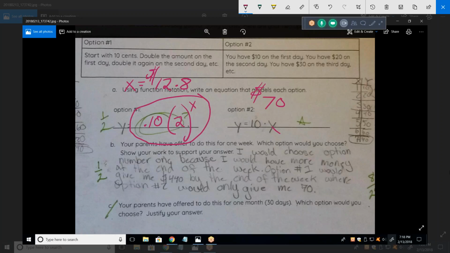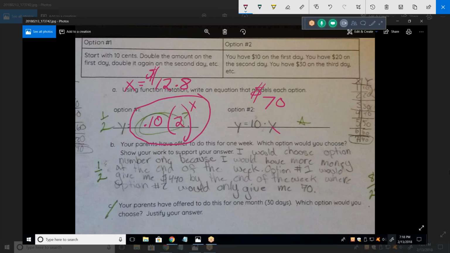So, which option is correct? Option 2. Option 2, merely because it's bigger. It could have been 70 to 68, and you would have taken option 2.